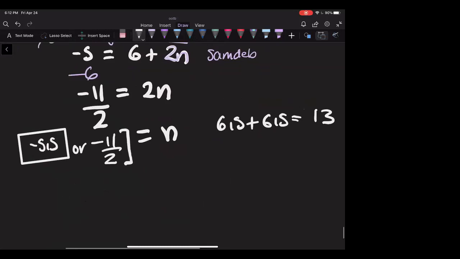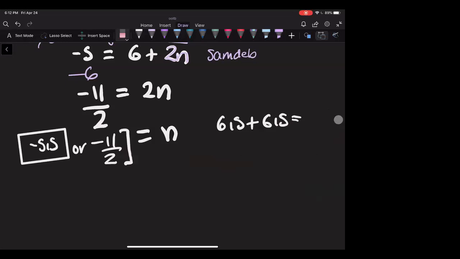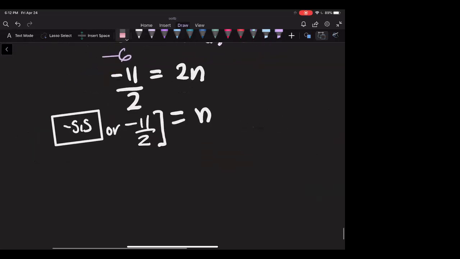Our answer is 11 over 2, right? 6.5 plus 6.5 would be 13 over 2. 5.5 plus 5.5 would be 11, and then you just put it over 2. Okay, I see.